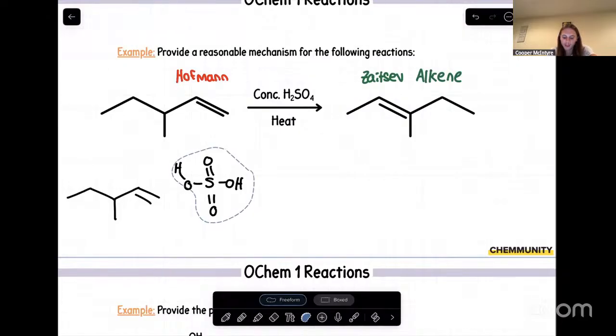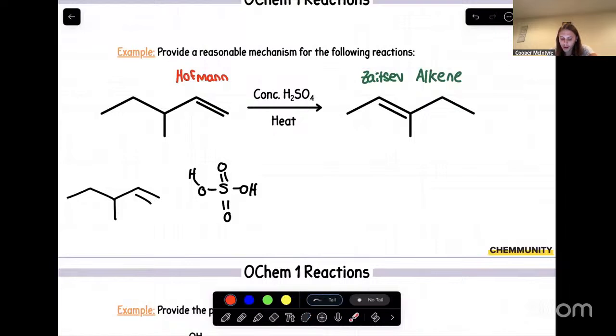And whenever we have an alkene, it can also act as a base. So our pi electrons right here will actually act as a base. We'll steal that hydrogen, and then these electrons will fall back onto oxygen.